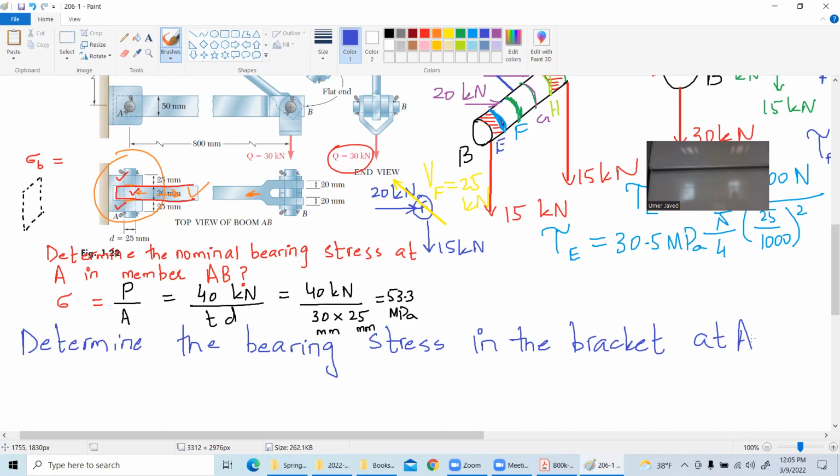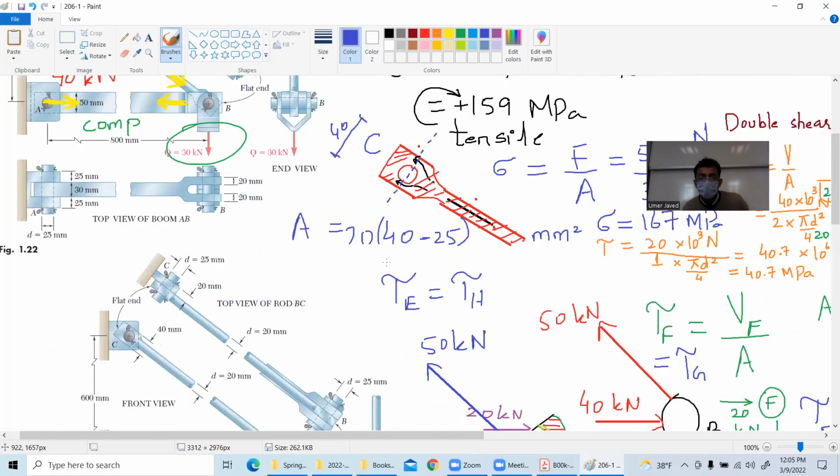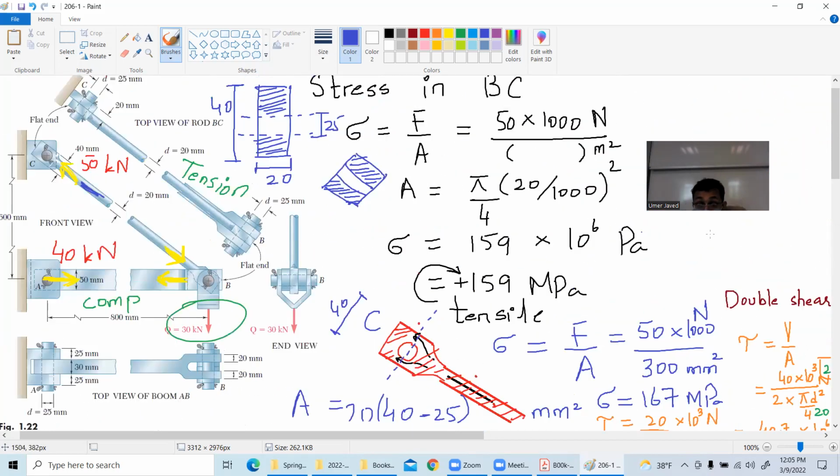For all the answers, should we not convert the millimeters into meters? We are. I am converting. Here probably I did not mention it, but if you see, many times I'm dividing by 1000. Okay.